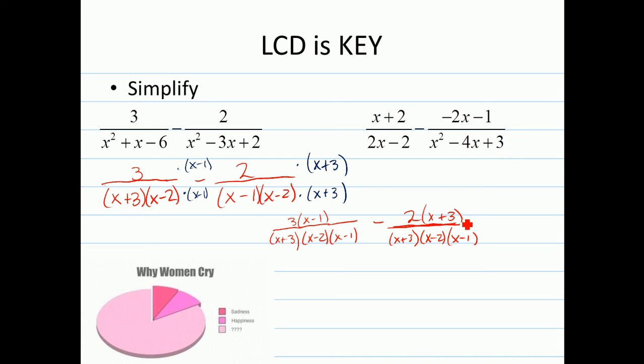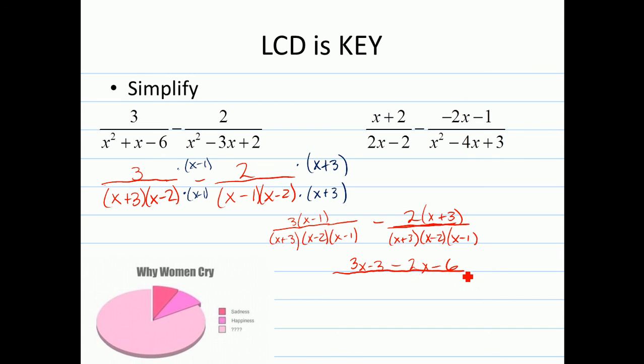So since that's happening, then I know that what I'm going to end up with, in one fraction, you have 3x minus 3. All I did was distribute this 3 into that binomial, minus 2x minus 6, because this negative has to go along with that 2 when you distribute.